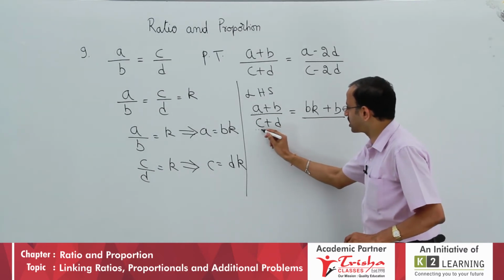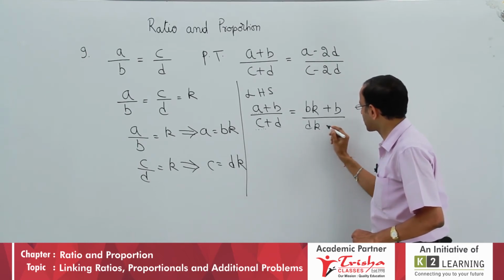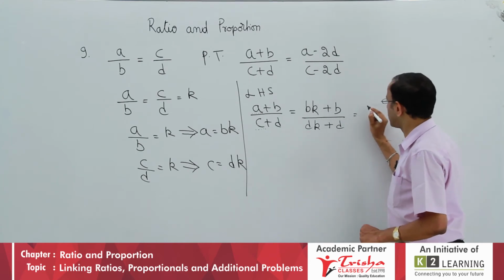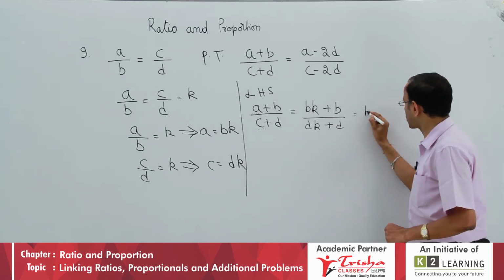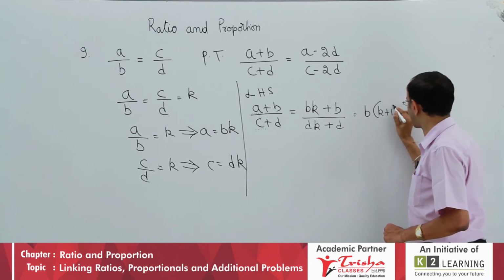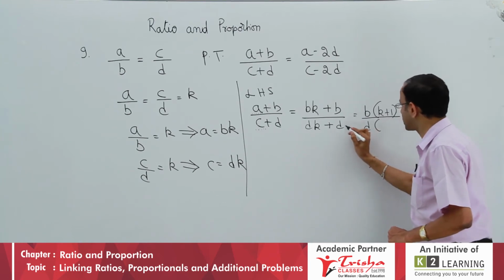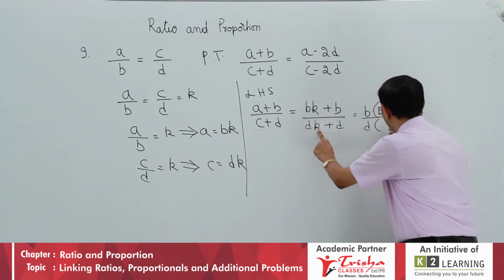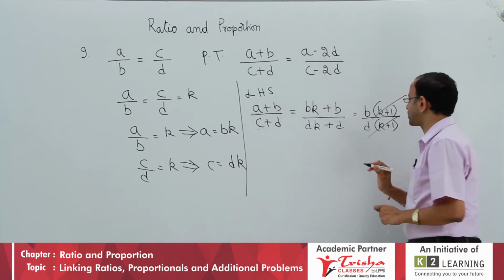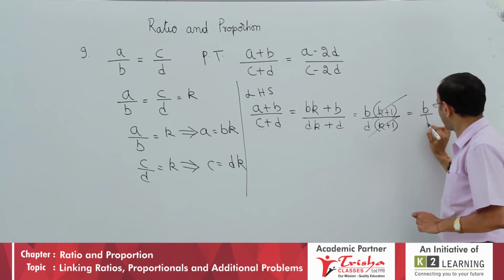Student, can you similarly substitute C? C is nothing but DK plus D value as it is. Next step, if I take B common in the numerator, I remain with K plus 1. Similarly, D common in the denominator, if I take D out, K plus 1 remains. K plus 1 cancelled. So finally B by D is the value.